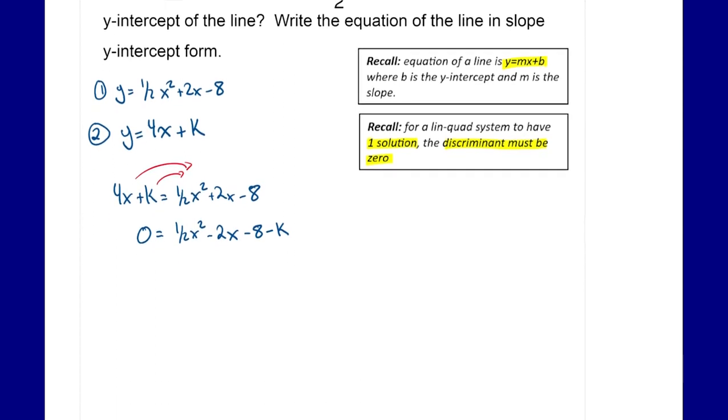That means that when I do my discriminant, b squared minus 4ac, that has to equal 0. And I have my a value, my b value, and my c value, which has my unknown in it.